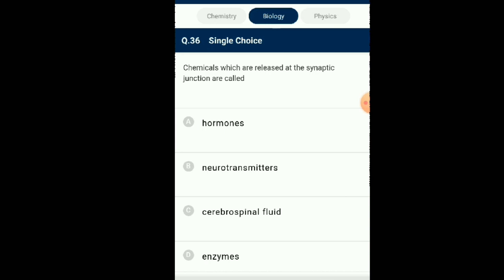Question number 36. Chemicals which are released at the synaptic junction are called. The axon's terminal end is telodendria, a button-shaped structure called the synaptic knob, which possesses synaptic vesicles containing chemicals called neurotransmitters.